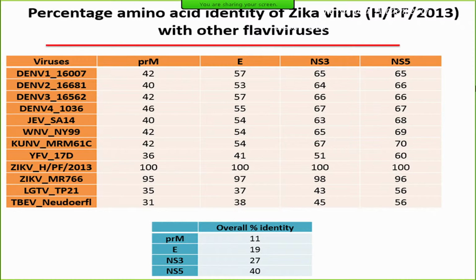And so, although we know a lot about the flaviviruses, and in particular we know a lot about dengue virus and West Nile virus, there are clearly significant amino acid differences that are going to suggest that Zika is going to behave differently under certain conditions.